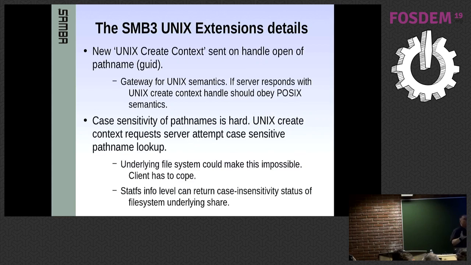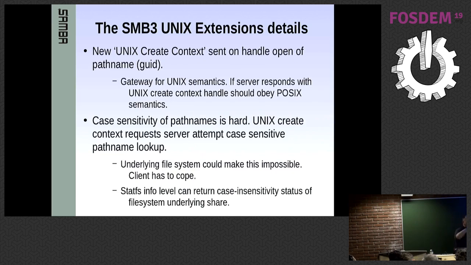mandated in the spec. Why is that? You might say, well, Unix to Unix has to be case sensitive, but that's not true. If you look at Linux, imagine that you are mounting an NTFS file system on a USB stick or a USB drive or whatever. Unix already has to cope with case-insensitive path name lookups. So asking for a Unix create context on SMB3 and getting something back doesn't 100% mean that you got case-sensitive semantics.